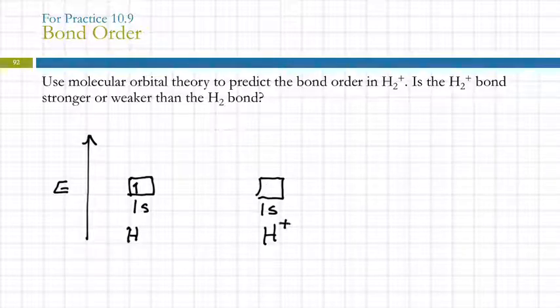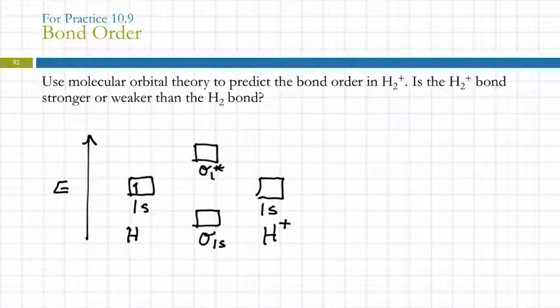It doesn't matter which side you put the ion on. So we're looking at a hydrogen atom and a hydrogen ion. These two 1s orbitals, when they overlap, will form 1 bonding orbital and 1 antibonding orbital. So this will be the sigma 1s, and this will be sigma star 1s.